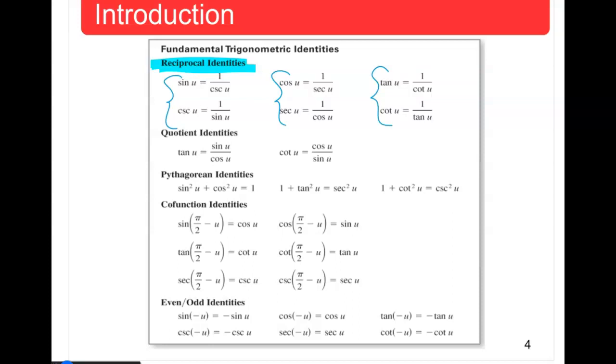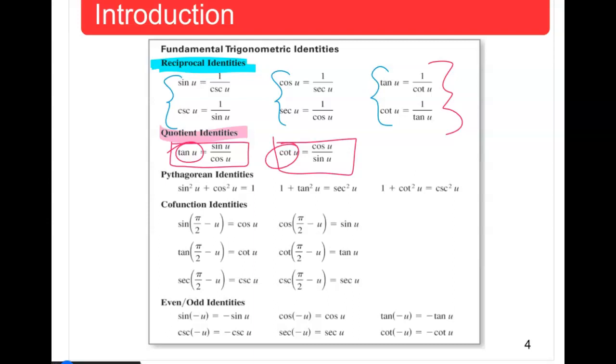First, tangent is equal to sine over cosine. We also have cotangent is cosine over sine. And of course, you could also see that from the fact that tangent and cotangent are reciprocals of each other as well, so it makes sense that sine and cosine are inverted.